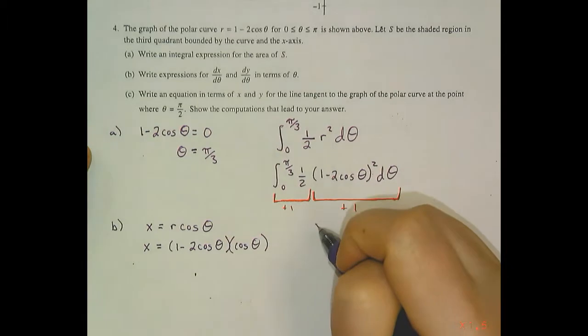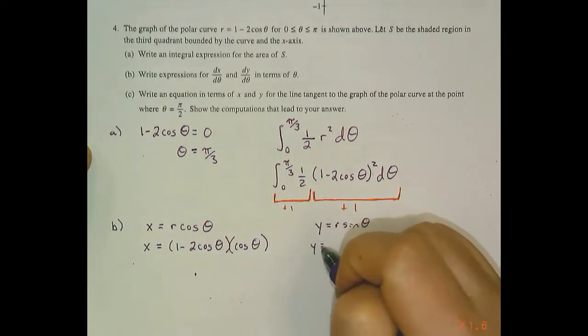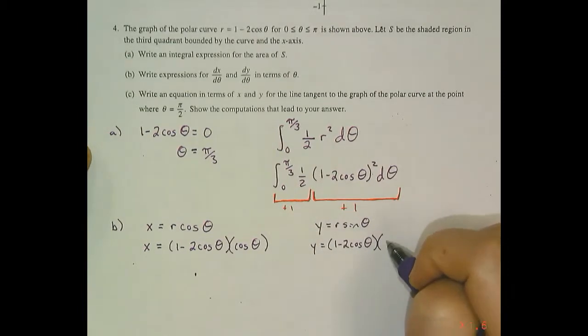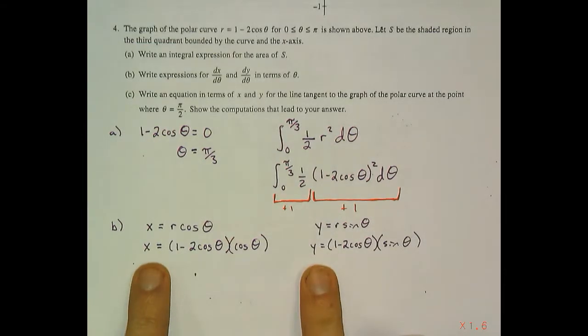Similarly, our y curve is r sine theta, and y should be 1 minus 2 cosine theta times sine theta. This is the xy coordinate on the curve given an angle.